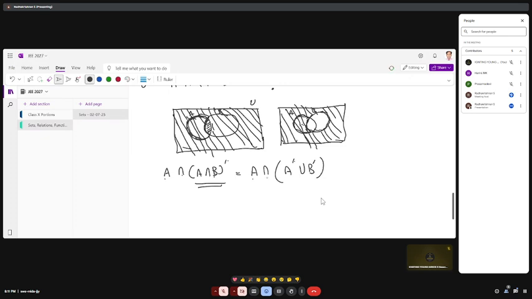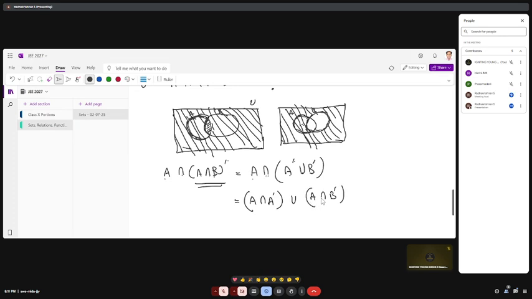Now, A intersection A complement union B complement is equal to A intersection A complement, union A intersection B complement. This is again a property of sets.